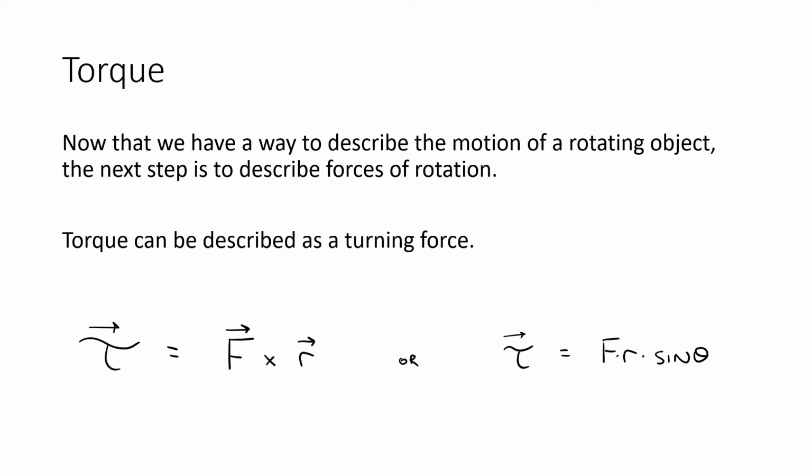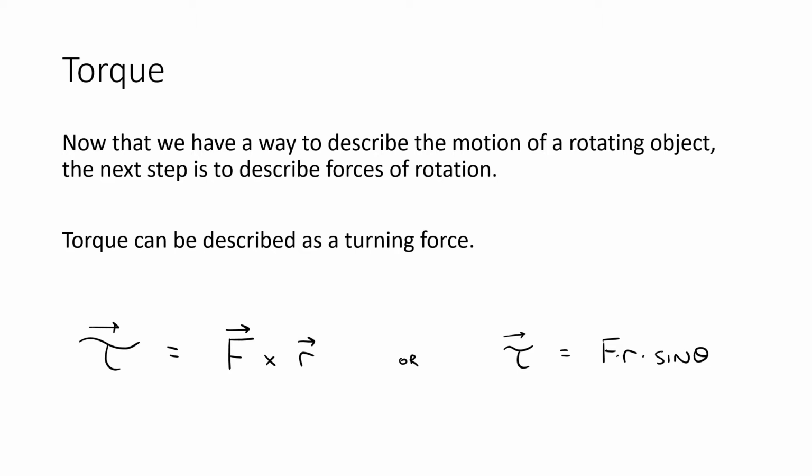Let me put it up over here so I don't have to erase it for later. So we have torque. The equation for torque is just force times lever arm. Torque is this lowercase tau.